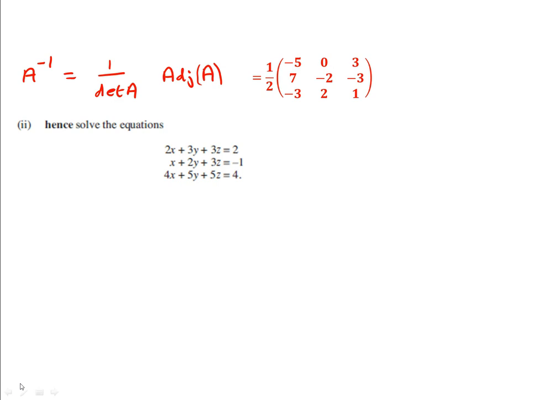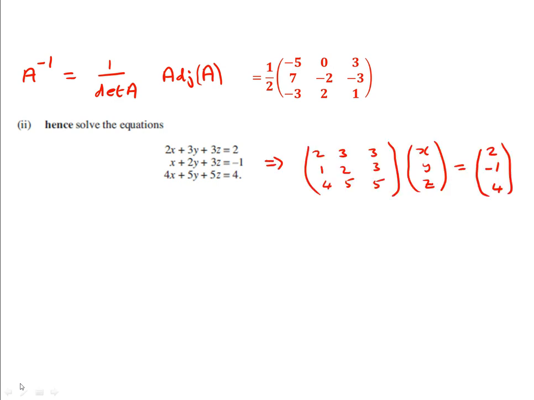We've now got to just solve these equations, and looking carefully at them we notice they are exactly the same as the matrix (2, 3, 3; 1, 2, 3; 4, 5, 5) times (x, y, z) equals (2, -1, 4). In other words, we've got A times (x, y, z) equals (2, -1, 4).